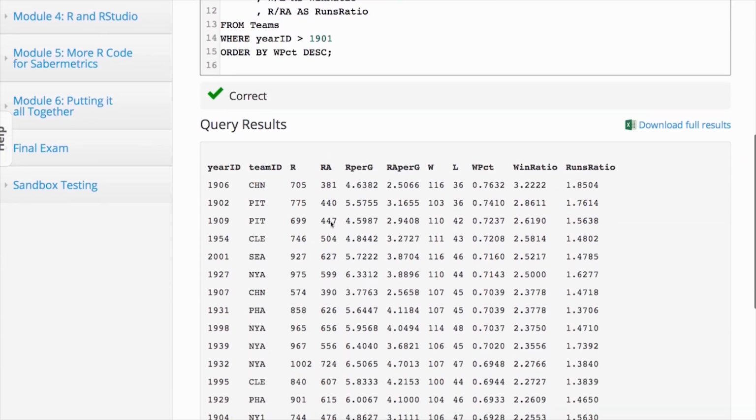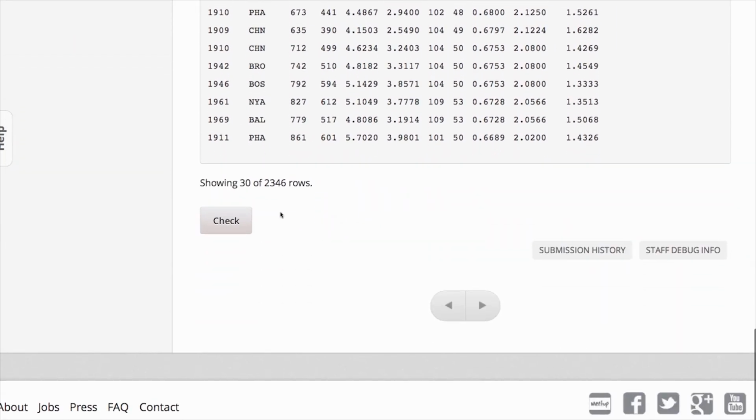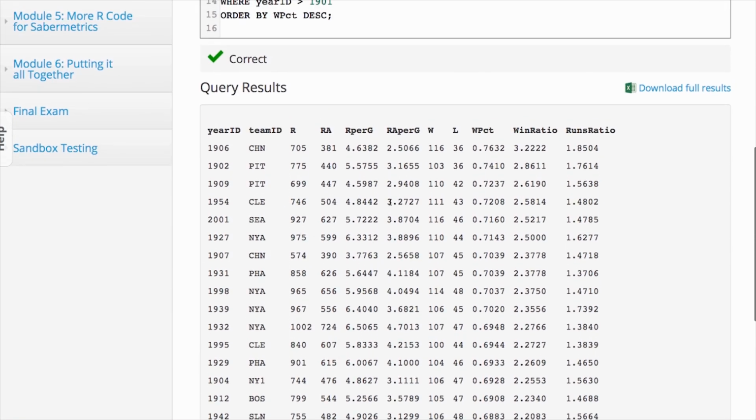And here's our result. We ended up with 2346 rows, which are all the team seasons since 1901. And we've got two new columns or field names here, wins ratio and runs ratio, and these are calculations based on wins divided by losses and runs to runs allowed.